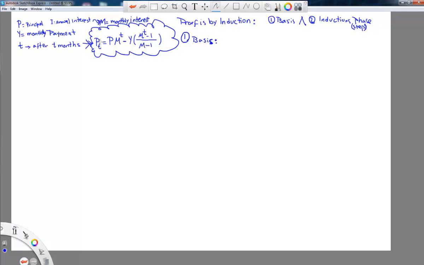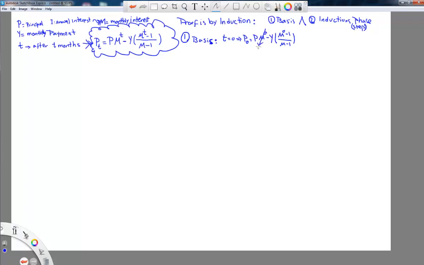You want to show that this equation is true. So we know that before we make any payments at month 0, we owe how much to the bank? P, the same amount that we took out. So if T is equal to 0, then according to this equation, P sub 0 is going to be equal to P times M to the 0 minus Y times M to the 0 minus 1 over M minus 1. We know that raising any number to the power 0 is equal to 1.